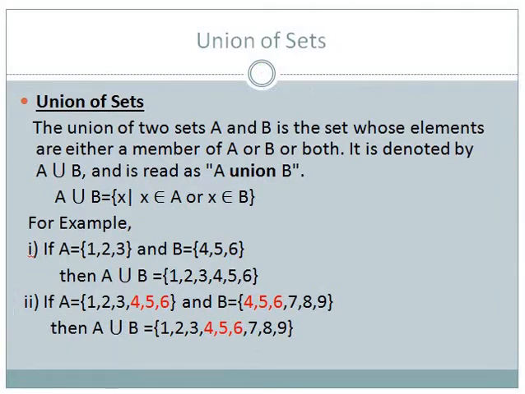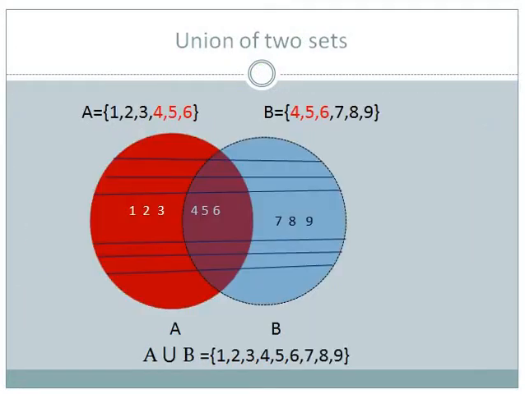So how do we represent A ∪ B by a Venn diagram? We draw a circle to represent the set A, and another circle to represent the set B. Now all elements of A are 1, 2, 3 and 4, 5, 6.